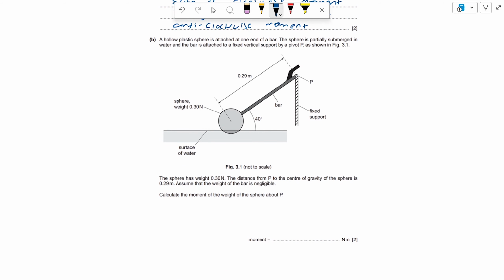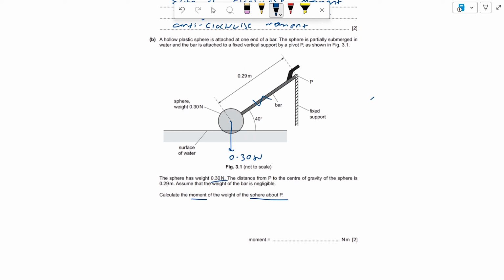Okay, so we have to calculate the moment for sphere P using the weight. We know that the weight is acting downwards, and our weight has a value of 0.3 newtons. Okay, and we need to resolve this.